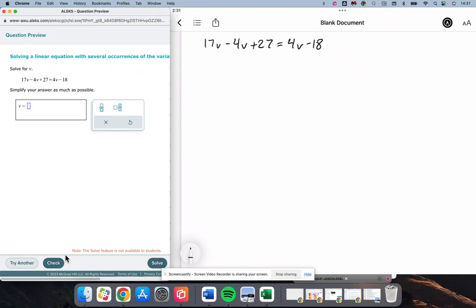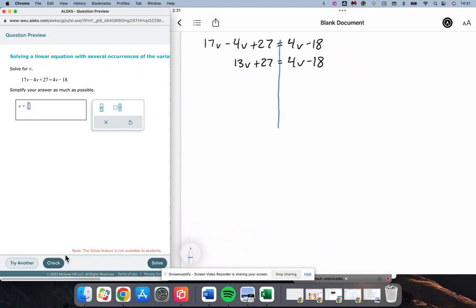And so again, we want to clean up each side of this equation as much as possible before we proceed. Cleanup to me means doing things like combining like terms or the distributive property. So 17v minus 4v is going to give us 13v plus 27 is equal to 4v minus 18.